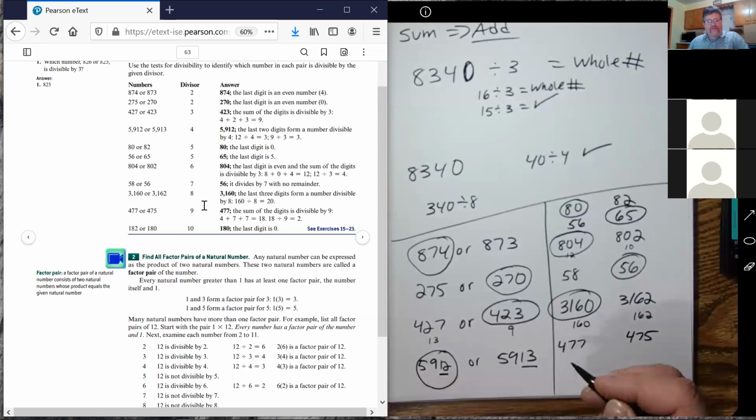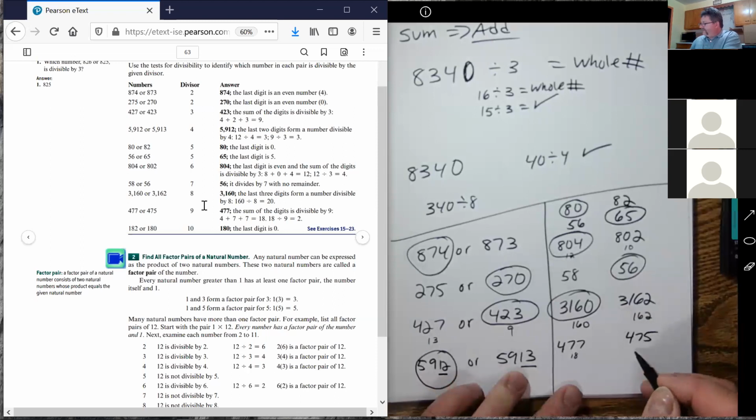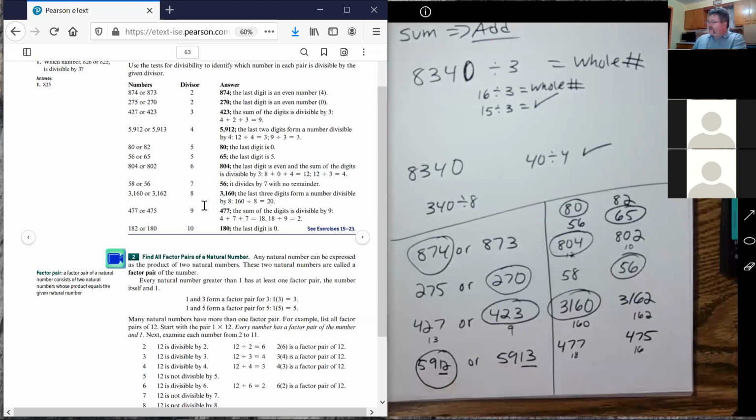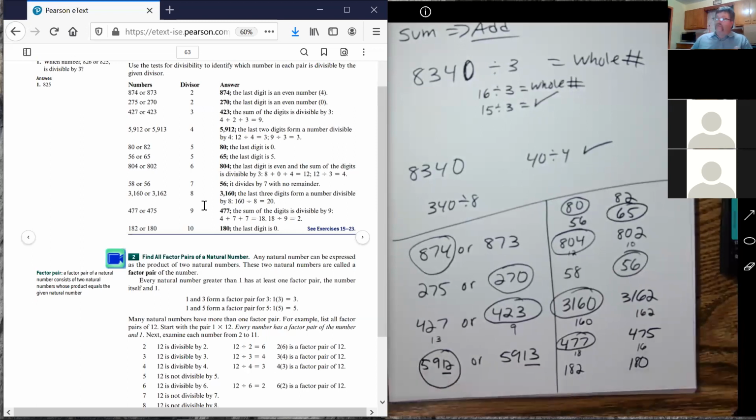Divide by 9. Now, the rule for 9 was the sum of the digits has to be divisible by 9. Well, if I add up these digits, 4 plus 7 plus 7 gives me an 18, and 4 plus 7 plus 5 gives me a 16. Which one can I divide by 9? I can divide that one by 9. All right, and then finally 182 or 180. We want to know, which one can I divide by 10? Okay, 10 is another easy one. It has to end in a 0.